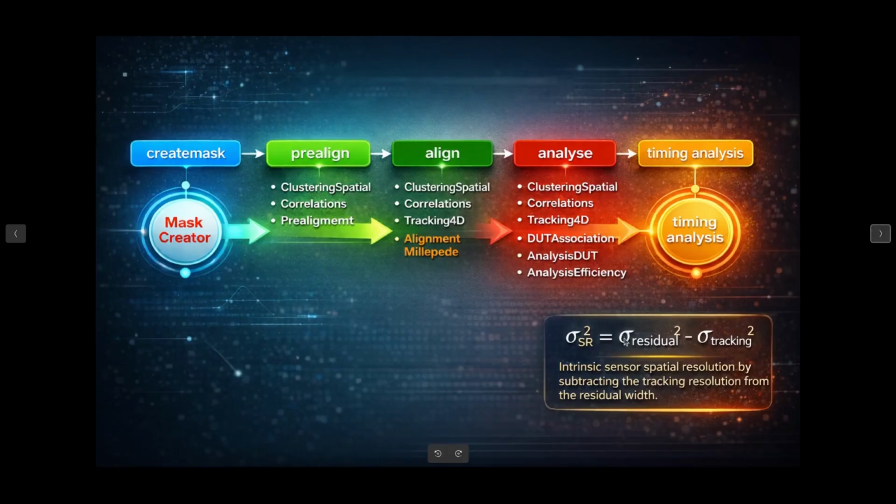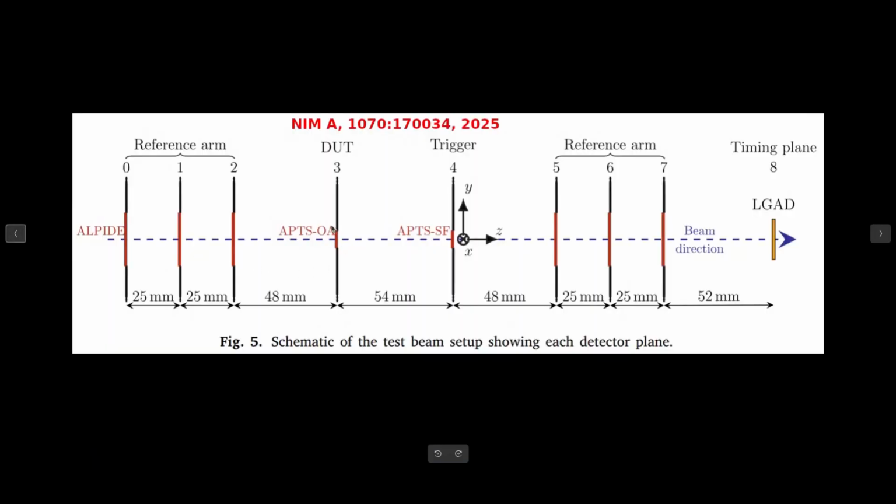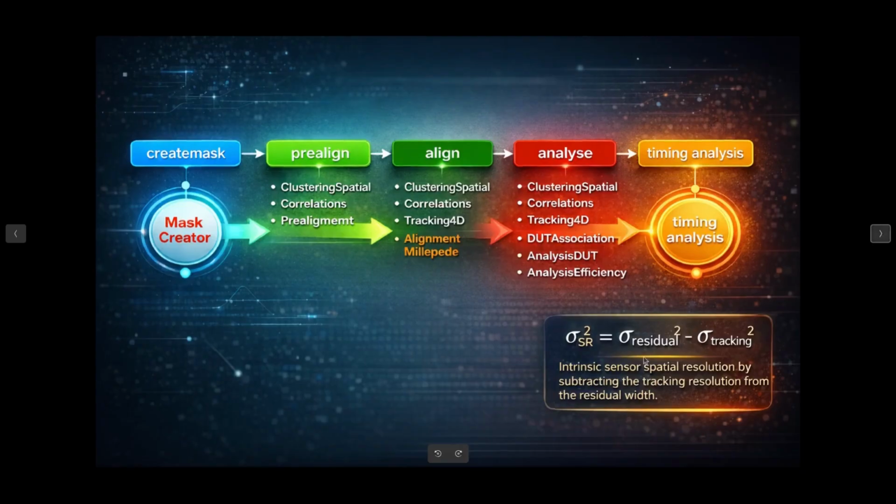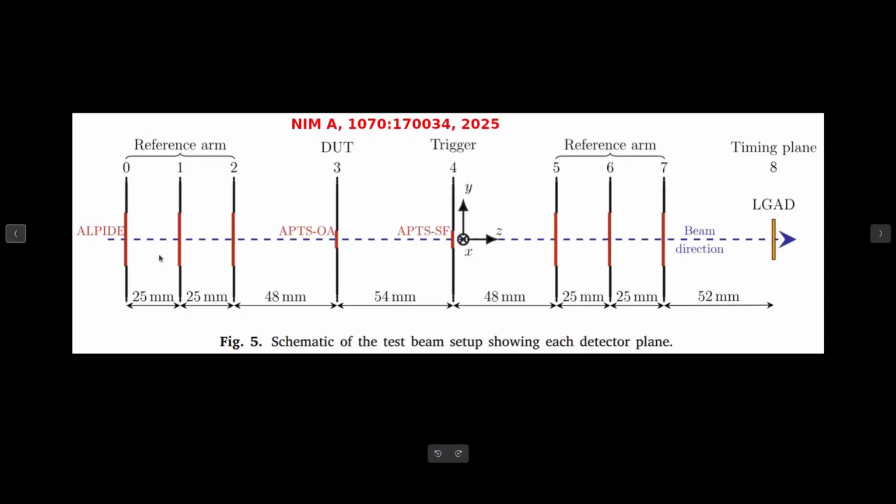We can evaluate the residual, and then we can take the sigma of these residuals. And then we also have the tracking resolution at this plane, so we know how much the tracking resolution is at this plane. Then we can evaluate the spatial resolution using this formula, and that's what we are interested in, and we evaluate this as a function of the different detector thresholds.